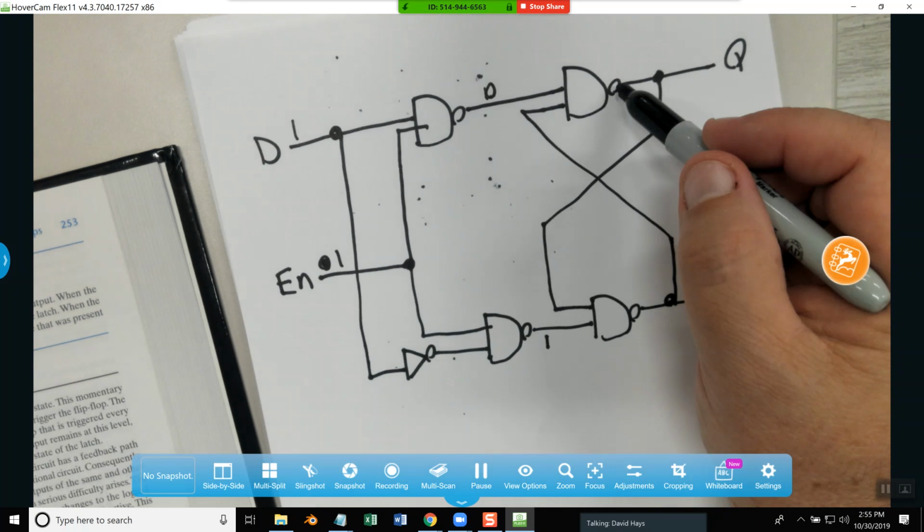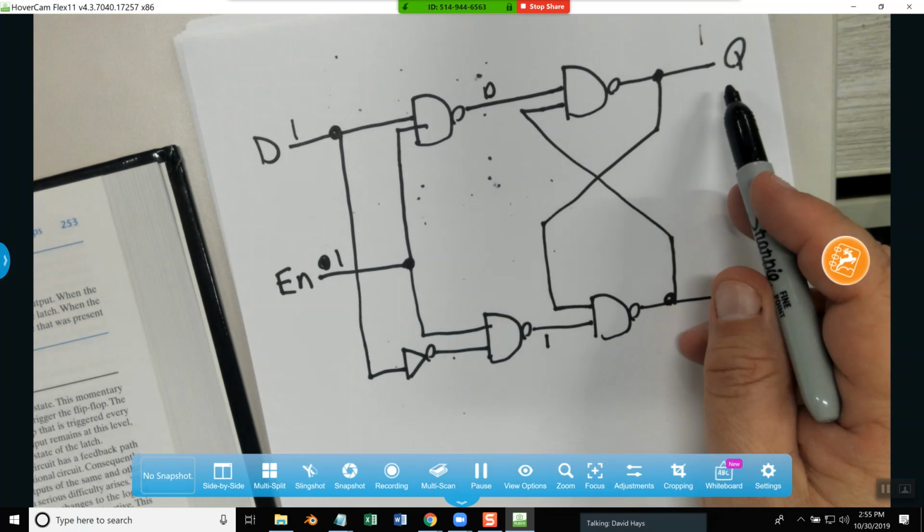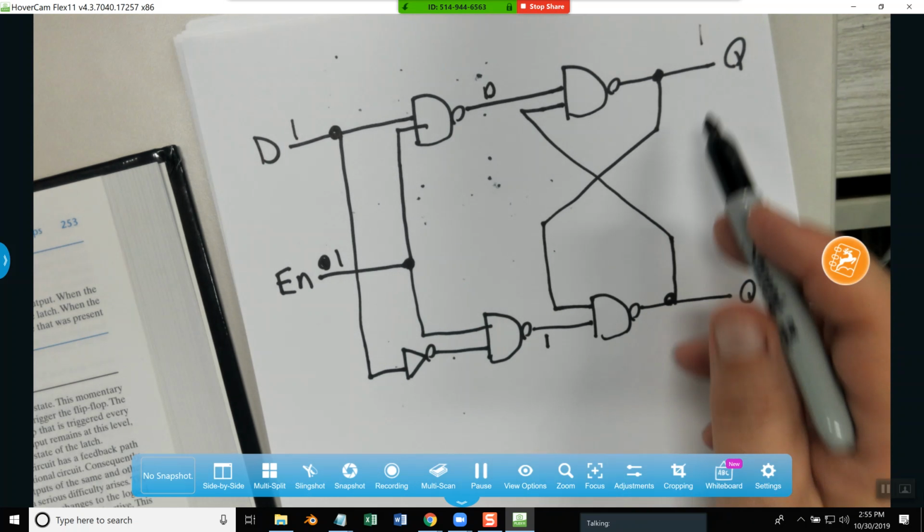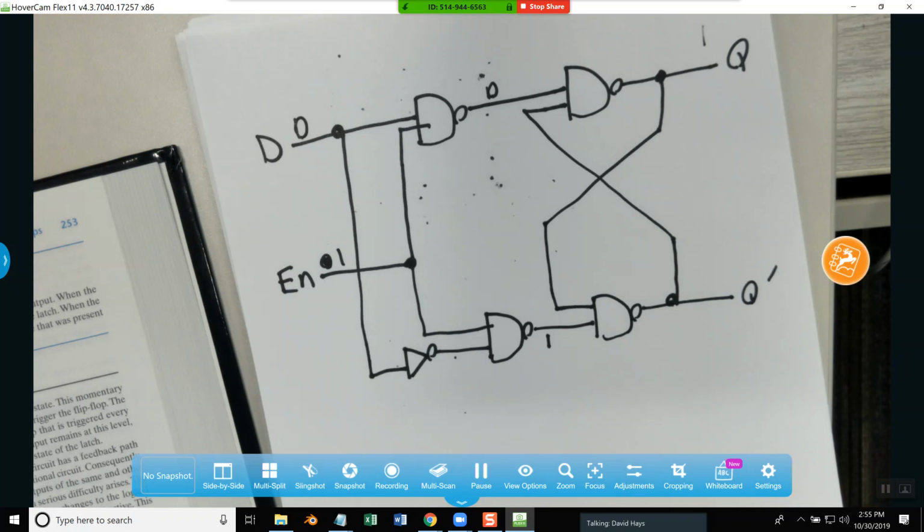Inverted becomes a 0. 0 times anything is a 0. Inverted becomes a 1. That's a 1 coming out here, coming through here. And 1 and 1 is 1. Inverted becomes a 0. Q equal to 0 is the reset state. Okay, I see how that works.